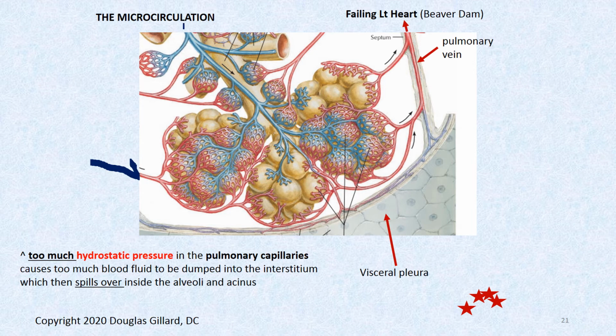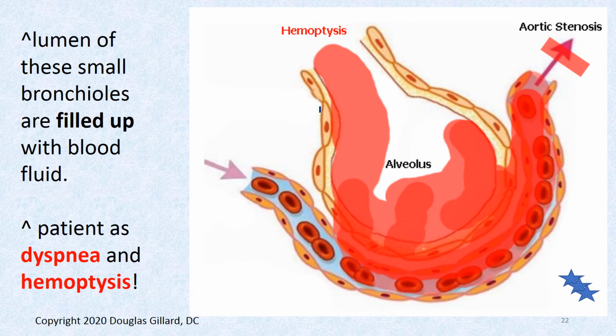I guess the right heart would be coming from here. Right heart is pumping blood in, and you got to increase pressure because of the beaver dam. And so this spills blood fluid into the little alveolar sacs here. Not good. Right? So there's the cartoon of this, and you can see blood fluid is in here, and now we got the airway obstructed.